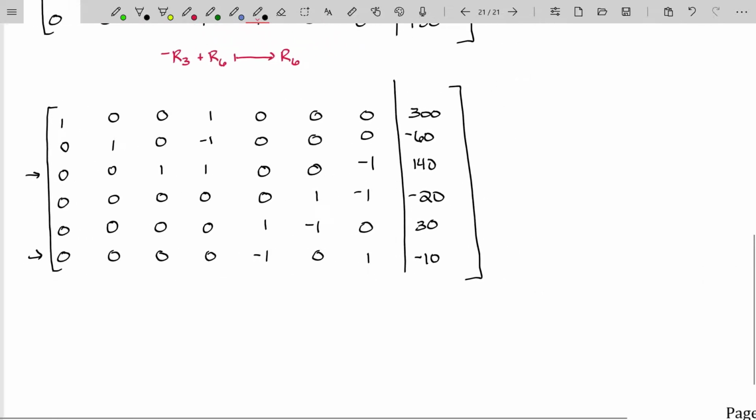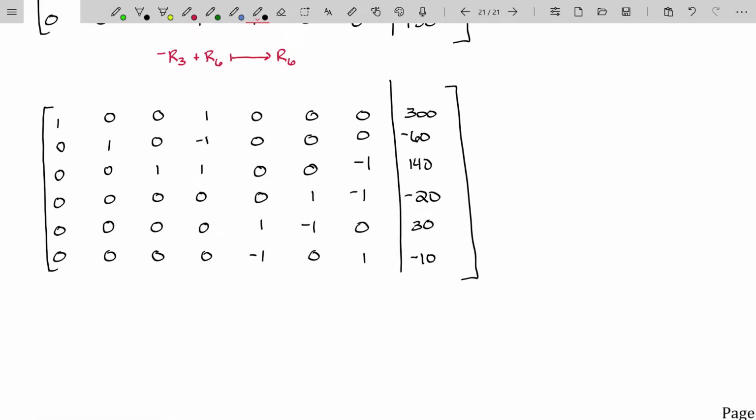All right. So we have successfully forced a 1, 0's below, 1, 0's below, 1, 0's below. There's no way to force that to be a 1. So you're going to have to skip that diagonal element and focus on the next diagonal element. That's a 1. Use it to kill everything below, which means add rows 5 and 6 together to become the new row 6.